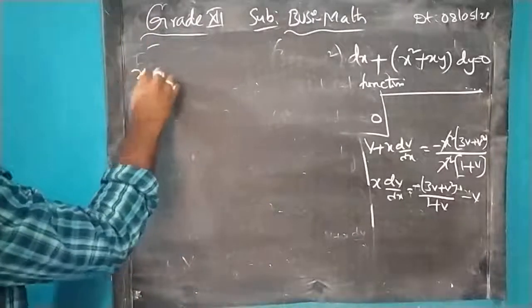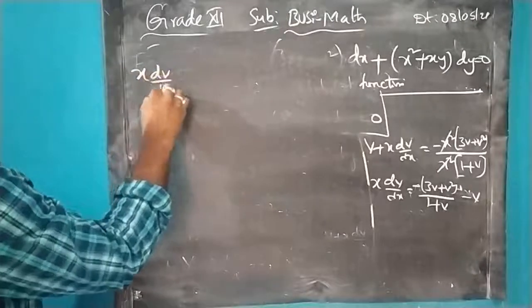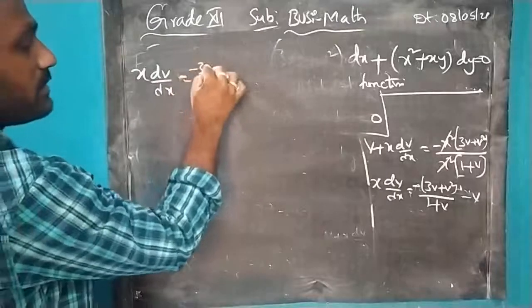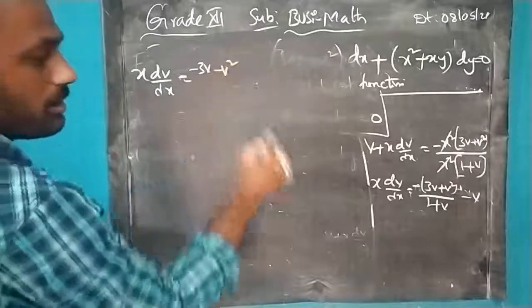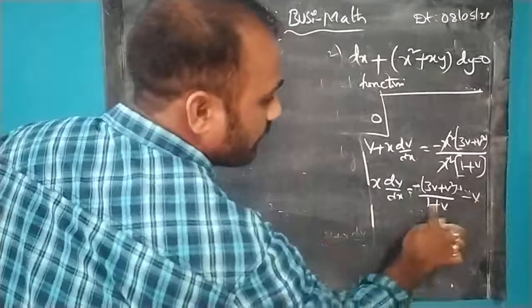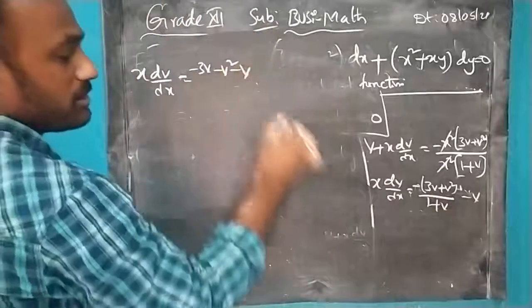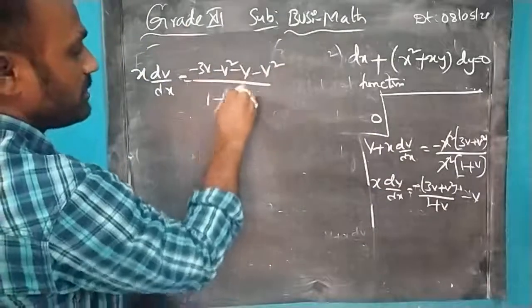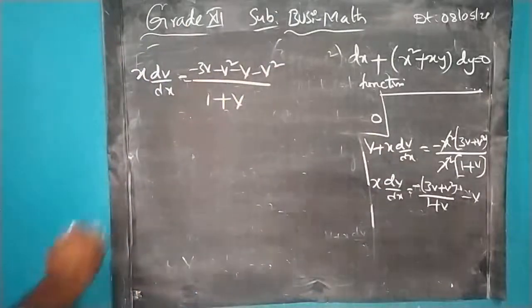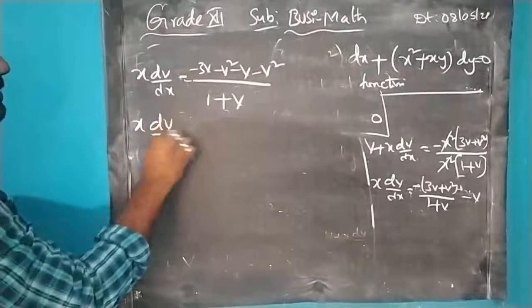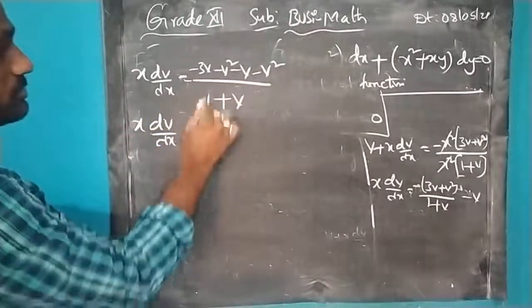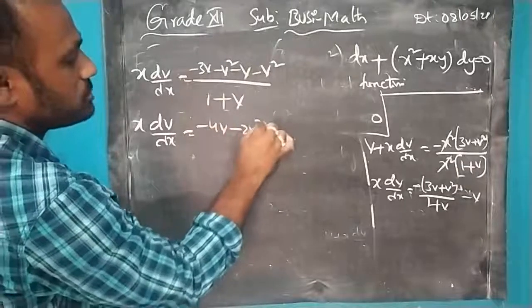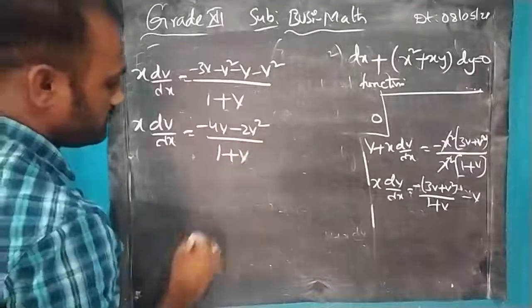So x dv by dx is equal to, if I open up the bracket, minus 3v minus v square, so LCM 1 into v minus v square, divided by 1 plus v. LCM I have taken as 1 plus v. Next step, x dv by dx is equal to minus 4v minus 2v square divided by 1 plus v.